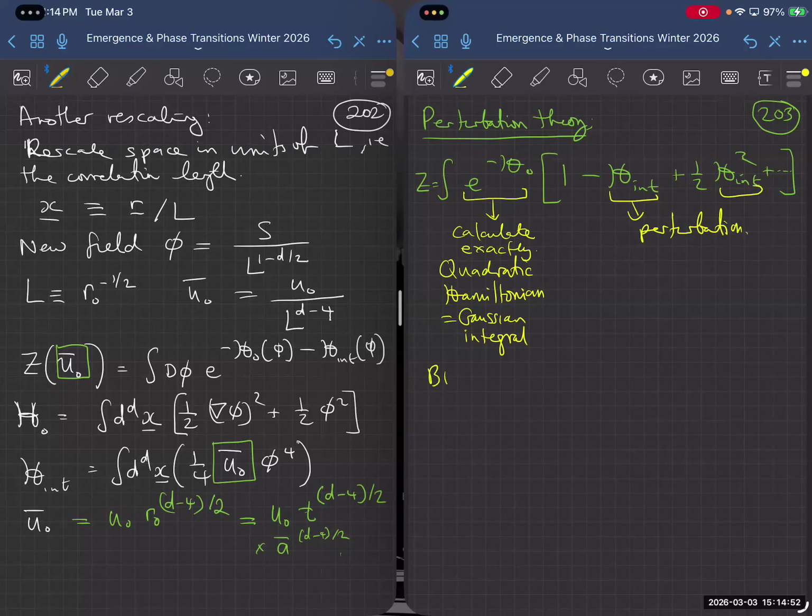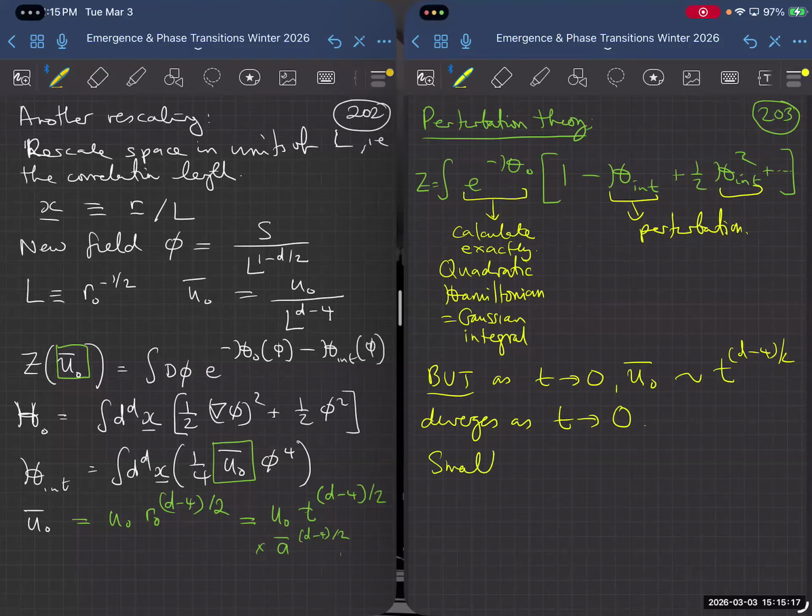But the problem is that as t tends to 0, this u naught bar, this redefined quantity, goes like t to the power d minus 4 over 2, and that diverges as t tends to 0, or as capital T tends to tc. And so the small parameter is not small.